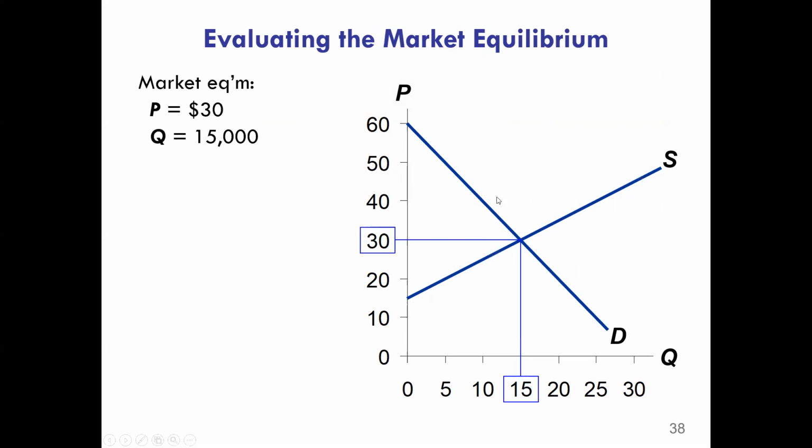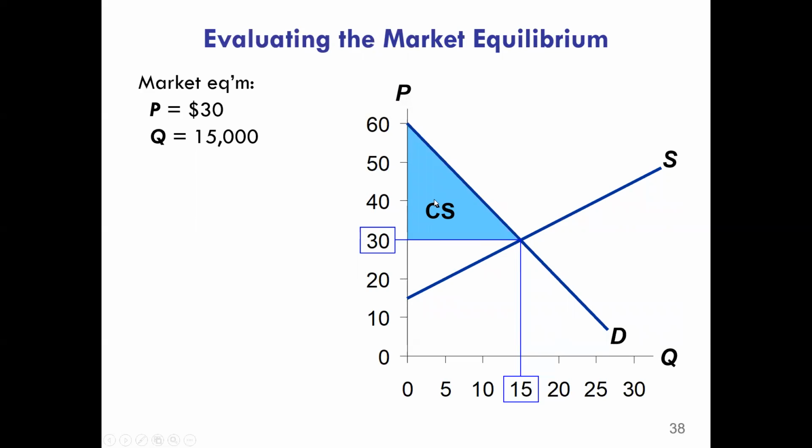And here you have your demand and supply curves. At the market equilibrium, the price is $30, and quantity is measured in thousands. And so quantity at the equilibrium is 15,000.